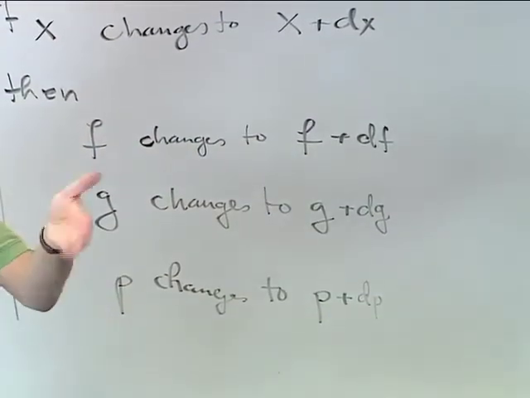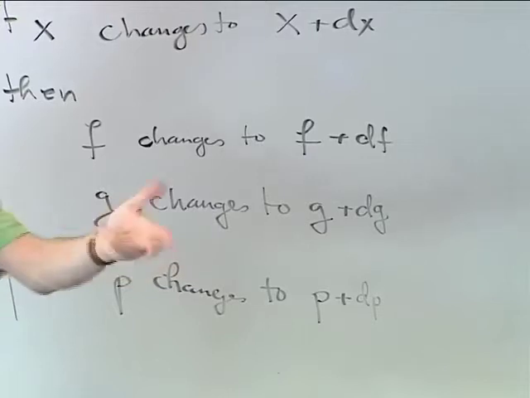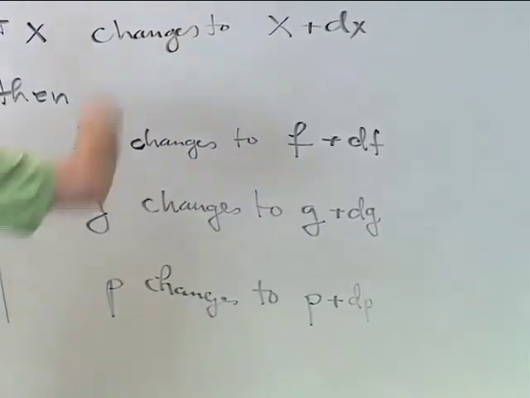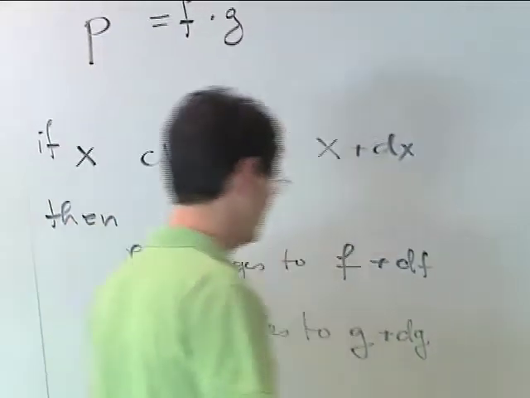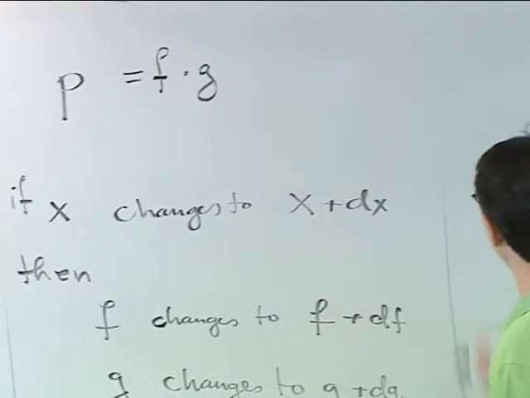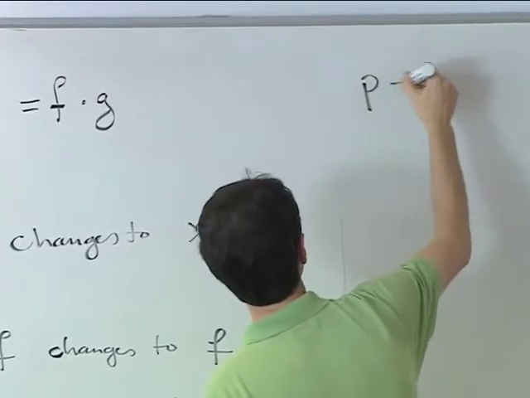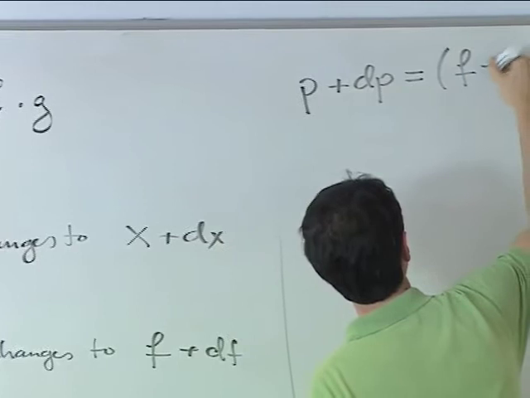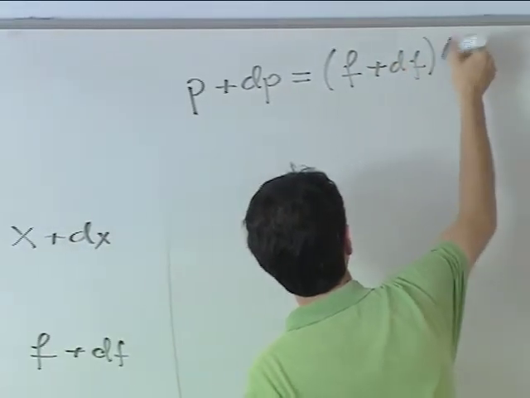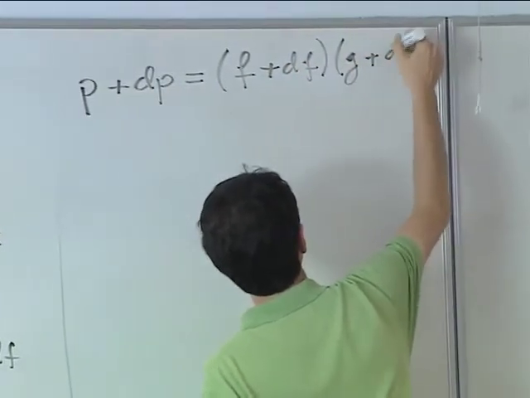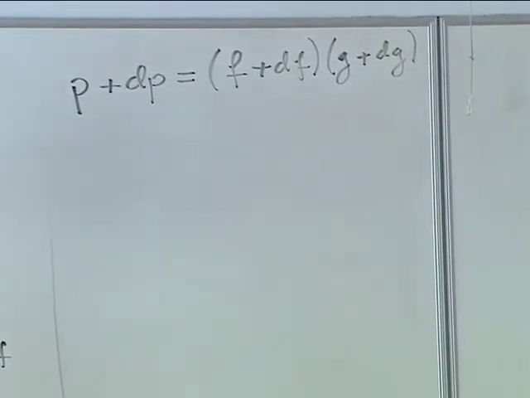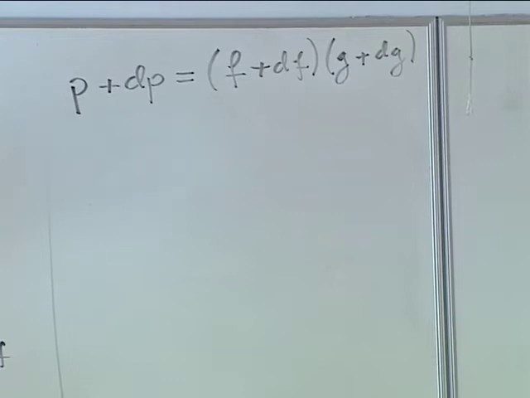If you increase the value of x by dx, everything changes a little bit. But this formula here has to still be true, meaning that P plus dP has to be equal to (F plus dF) times (G plus dG). Now multiply it.